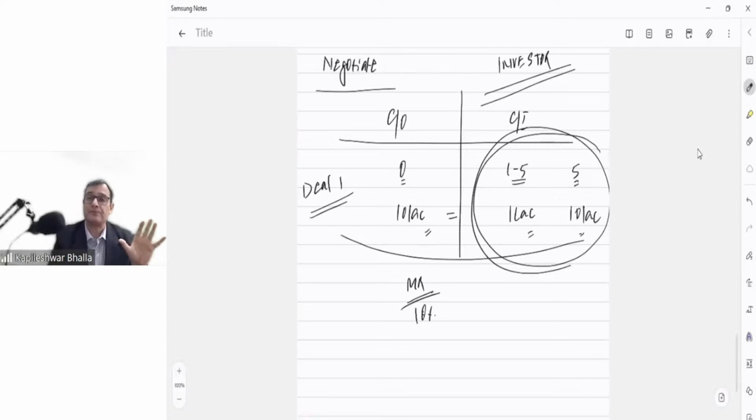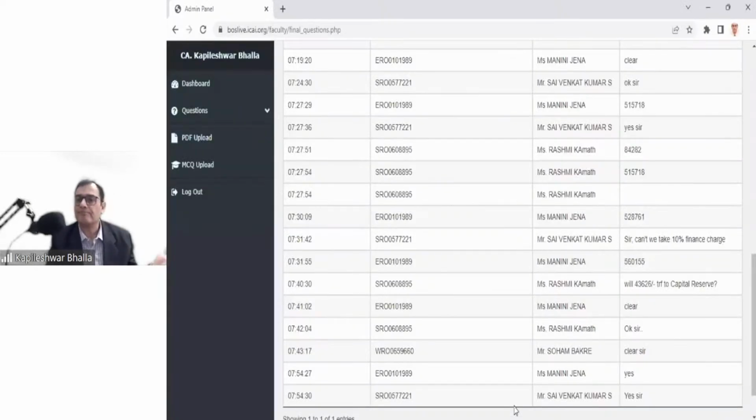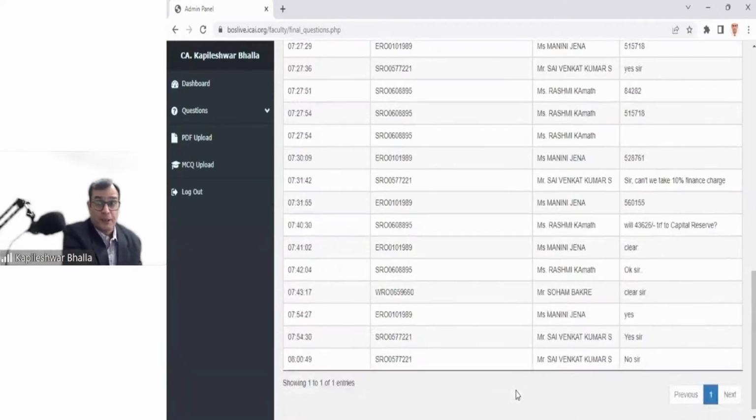I repeat, if you discount all your inflows at the market rate of 10% itself, do you think I'm going to get the internal rate of return of 10%? The present value of 1 lakh discounted at 10% and the present value of 10 lakh discounted at 10%, do you think will equal 10 lakh rupees at time zero? What do you say? Am I making sense? And I think Sai says, no, sir.